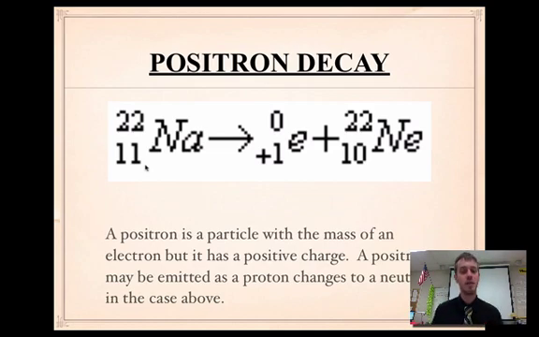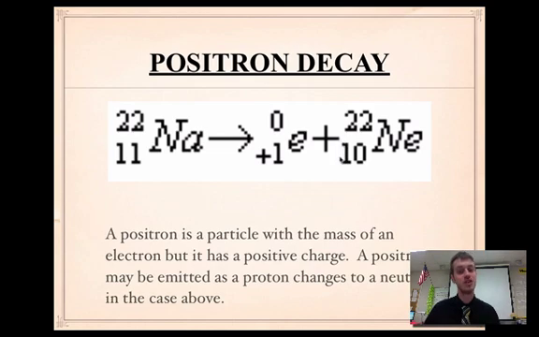My mass number here is going to stay the same, because we have one fewer proton but one extra neutron. And this number right here, my atomic number, or my number of protons, is going to decrease by 1. So it's getting rid of one of your protons and changing it into a neutron. So this number is going to go down.